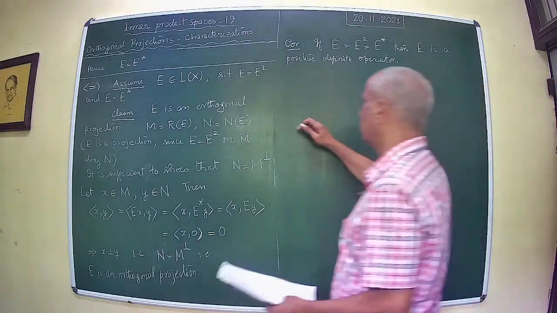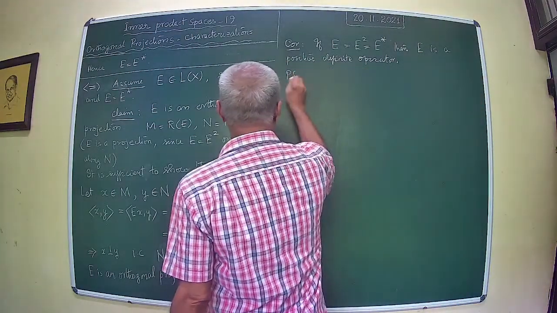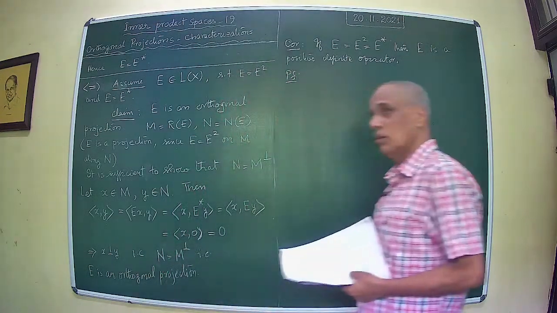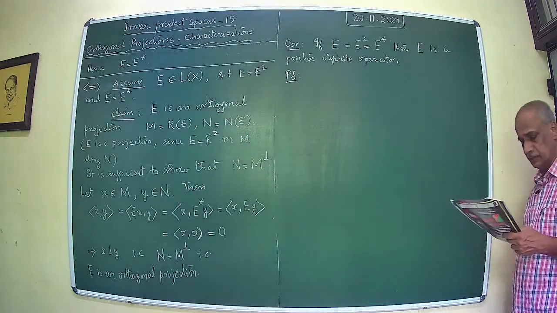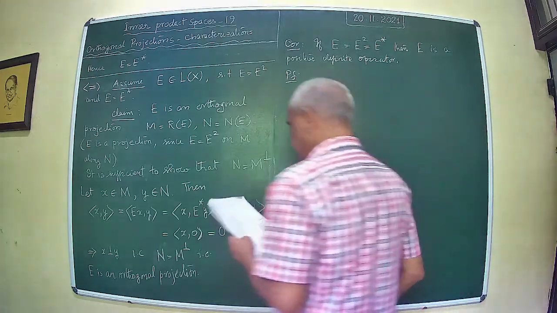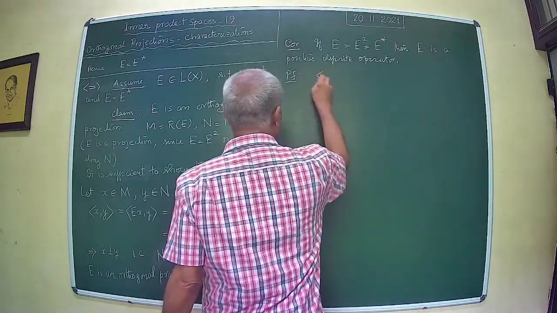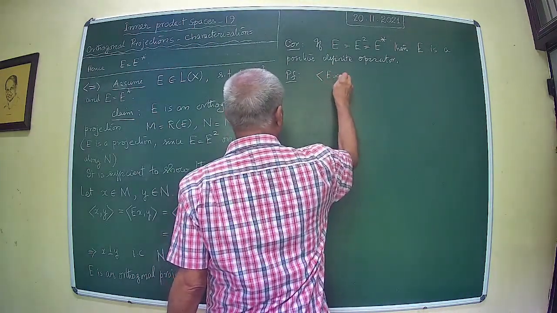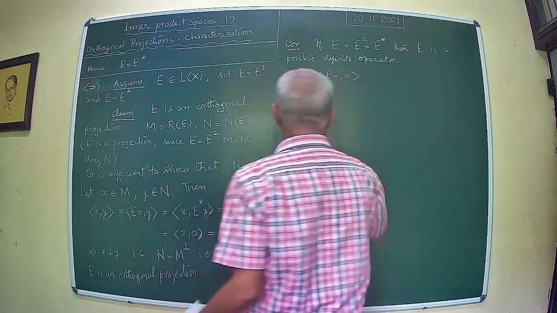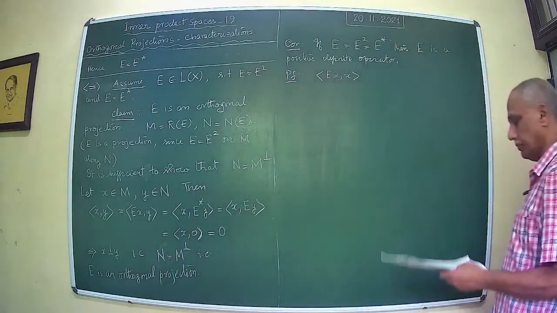So that is easy to prove. We just check the definition. Now you see that, work out this Ex, x, whether this is greater than or equal to 0 for every x.